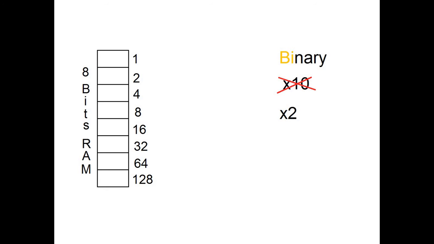So the second column, instead of 10 times 1, is going to be 2 times 1, which is just 2. Then the next column is 2 times that, which is 4. 2 times 4 is then 8 in the next column. Then 16, 32, 64, and 128. As we know, we can only have a 1 or a 0 in each of those columns.